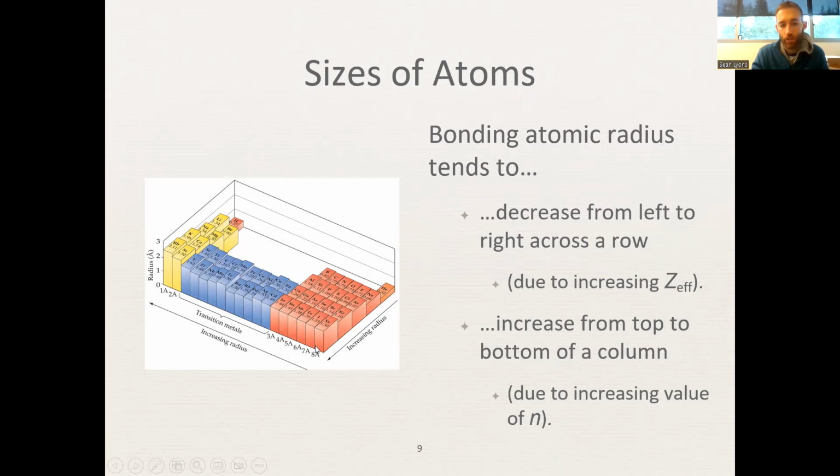So it's not 100% true, and that's 100% of the time it's going to occur, I should say. So there are a few exceptions, and that's why we're going to refer to it as a trend. We're thinking about these as periodic trends just because it's, for the most part, what we observe, but there are a few exceptions to this rule.